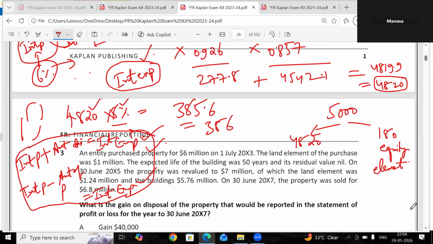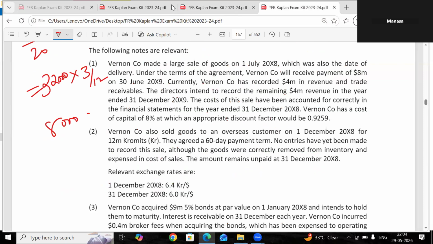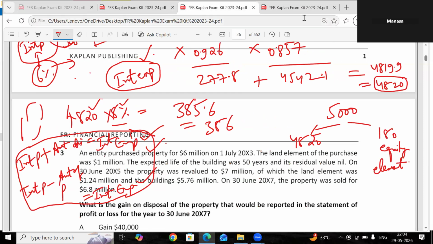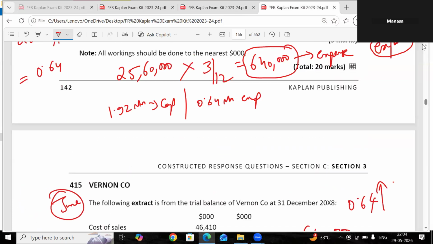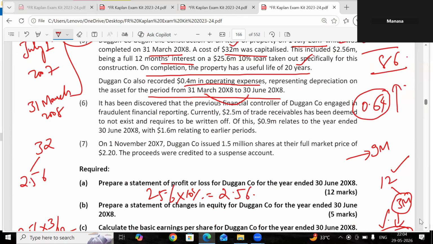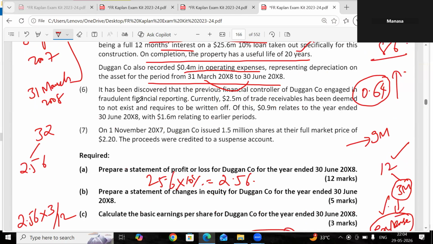Mansa, understood? Any doubt in this? No doubt, sir. Understood. Okay, we'll move forward. You see how big this question is. It has been discovered that the previous financial controller of Duggan Company engaged in fraudulent financial reporting. Currently, 2.5 million of trade receivable has been deemed to not exist.